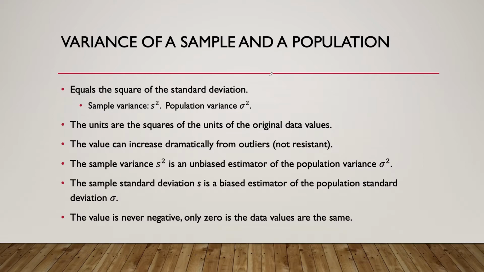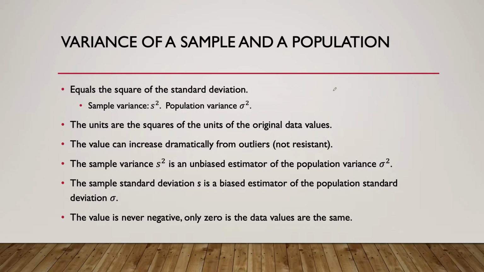The variance of a sample and of the population equals the square of the standard deviation. So for a sample, variance is s squared, and population variance is sigma squared. The units are the squares of the units of the original data value, which is why this is very rarely calculated. The value can increase dramatically from outliers, so it is not resistant.